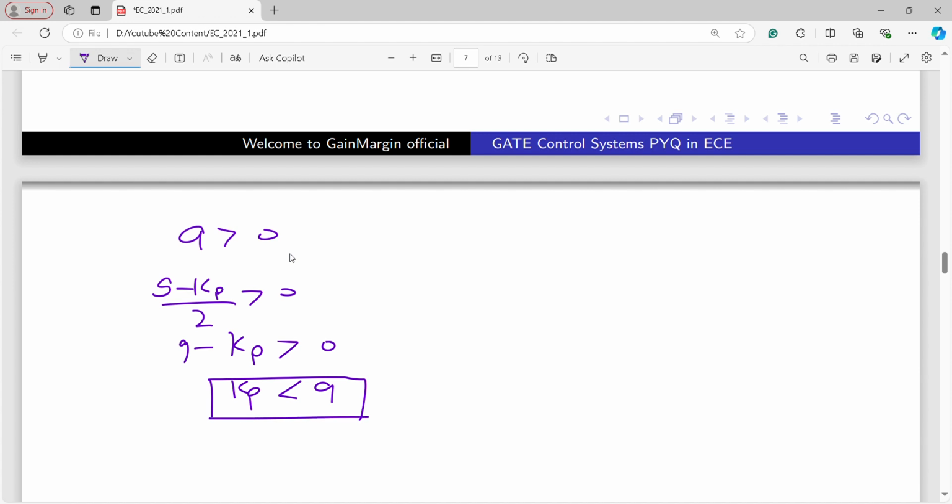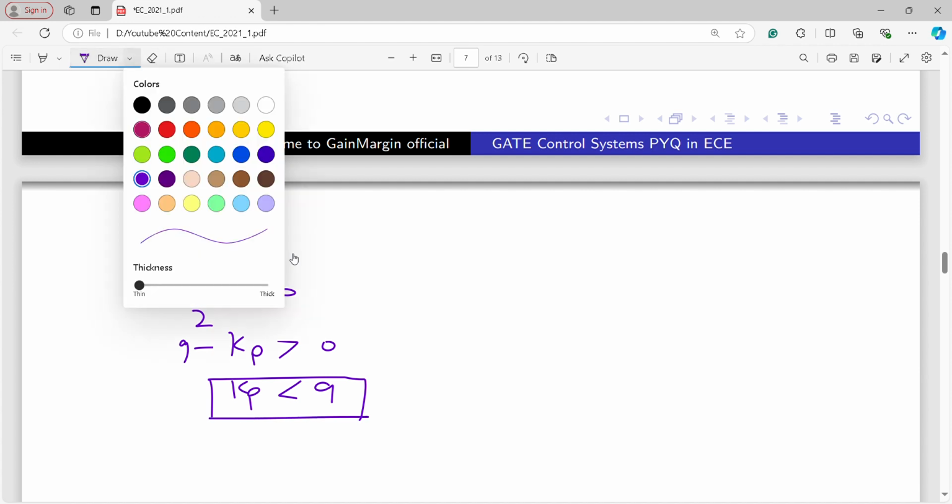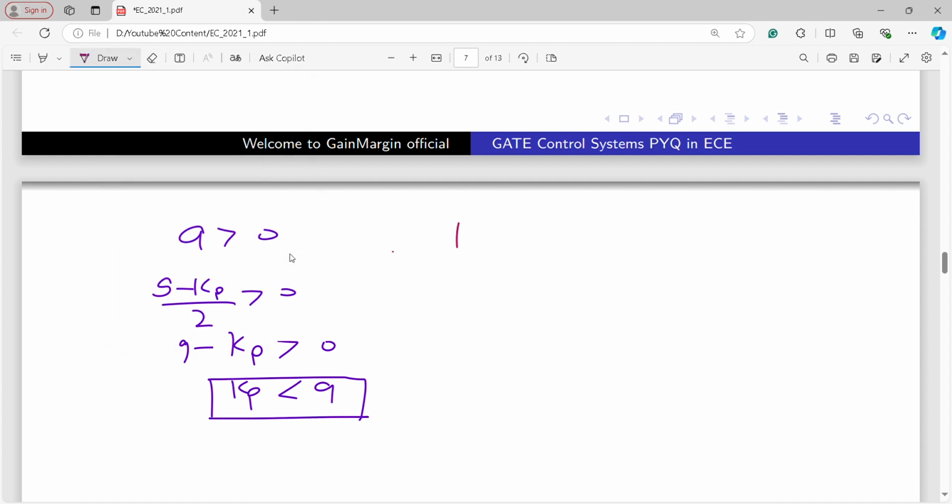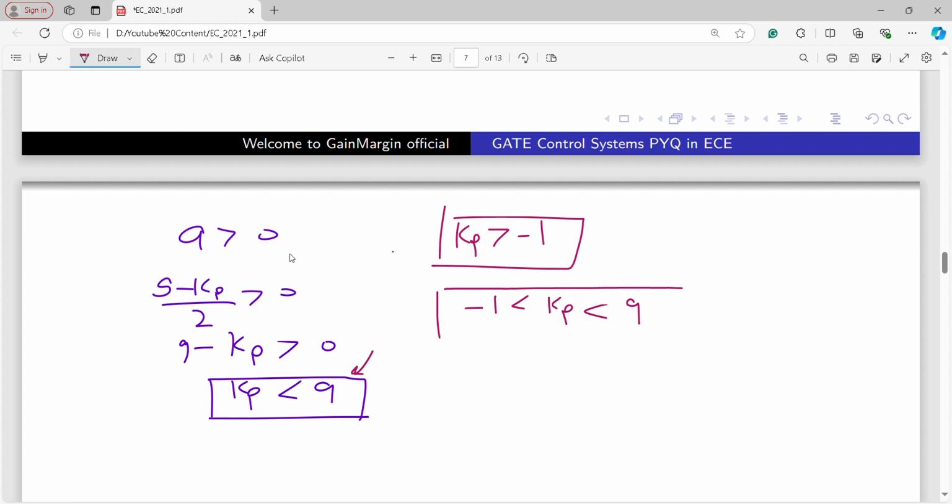Here you can see in our necessary condition we already established kp greater than minus 1, and for the sufficient condition from the Routh-Hurwitz table we established kp less than 9. So our range for kp would be greater than minus 1 and less than 9. Hope you understood.